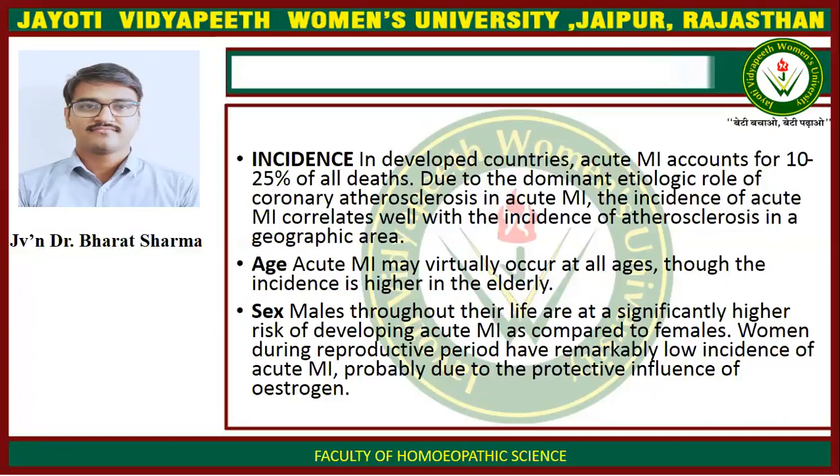Acute myocardial infarction may virtually occur at all ages, though the incidence is higher in the elderly. Sex. Males throughout their life are at a significantly higher risk of developing acute MI as compared to females. Women during the reproductive period have a remarkably low incidence of acute MI, probably due to the protective influence of estrogen.